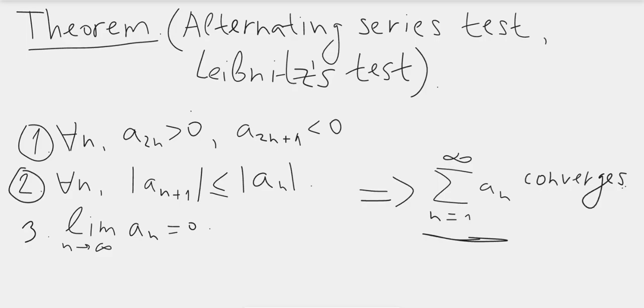So the absolute value of the next term is less or equal than the previous term. So it's not strictly decreasing, but just decreasing. And the third condition is that the terms tend to 0. So the limit of an is equal to 0.